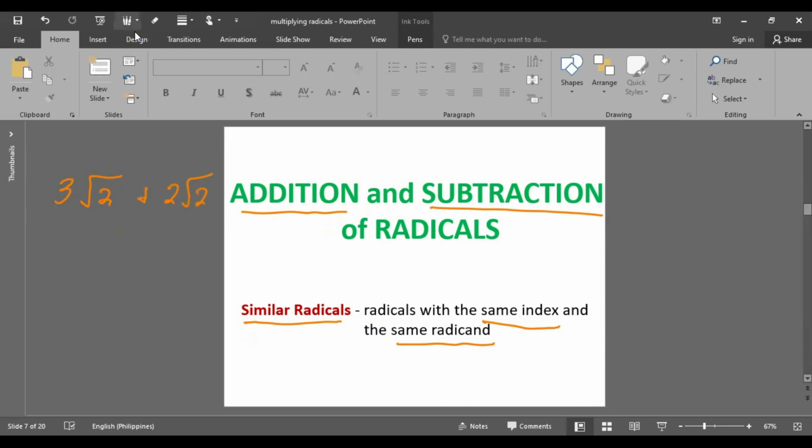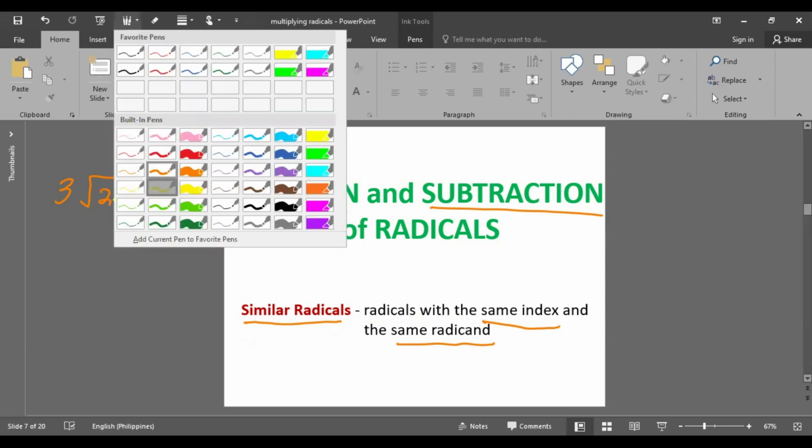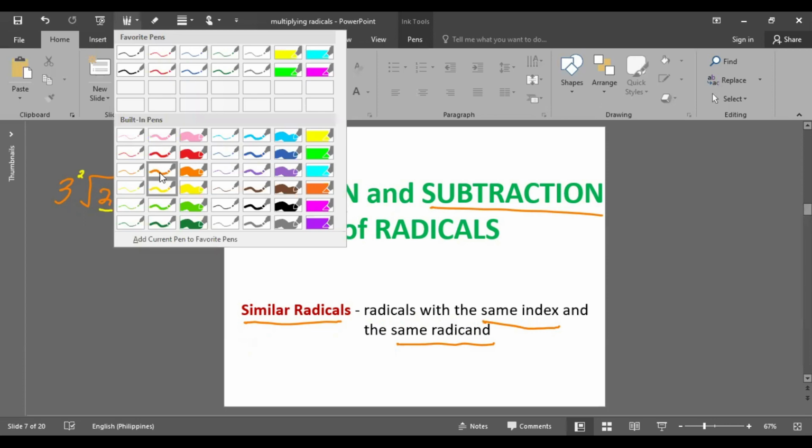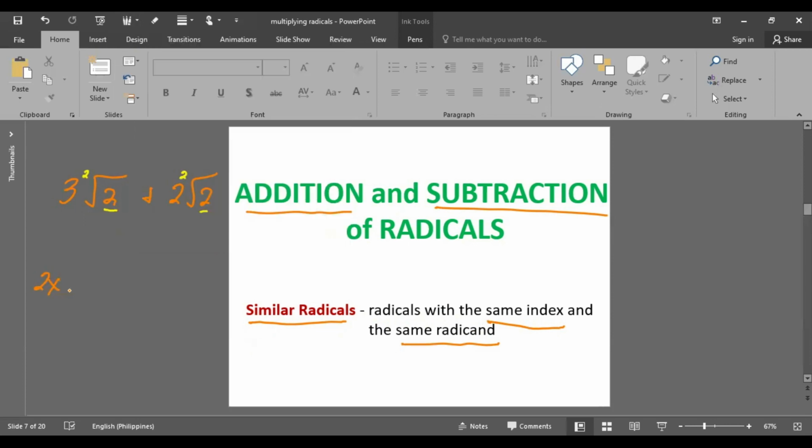They are considered similar radicals because they have the same index, which is 2, and the same radicand, which is 2. Another example is 2x the cube root of 3xy, and 4x squared the cube root of 3xy. They are similar radicals because they have the same index, which is 3, and the same radicand, which is 3xy.